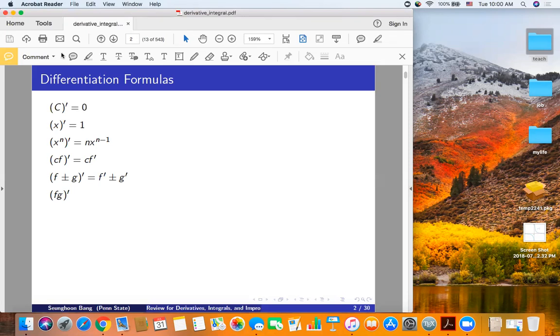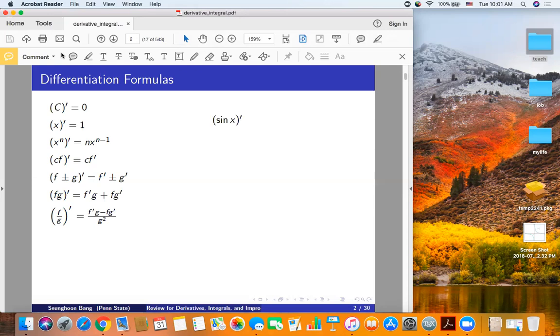For f times g prime, we use the product rule: f prime times g plus f times g prime. For f over g prime, you can use the quotient rule: f prime times g minus f times g prime over g squared.